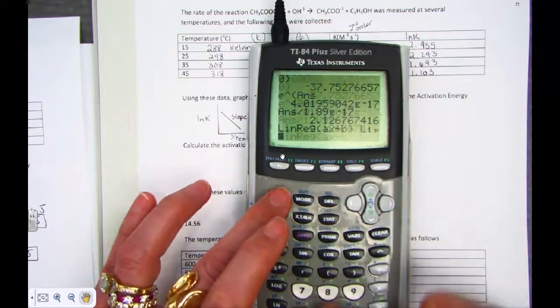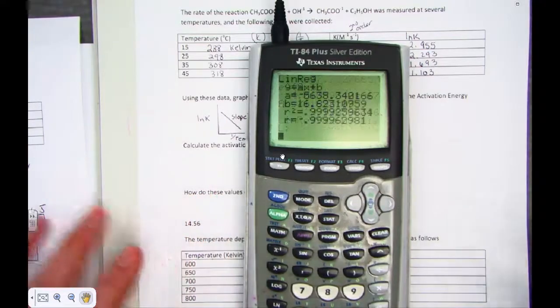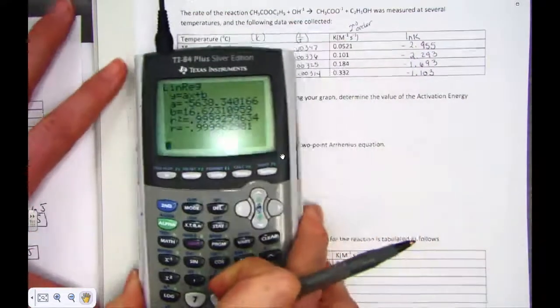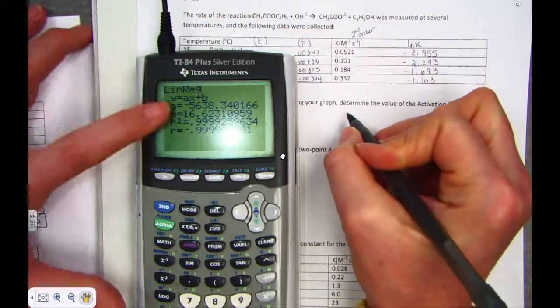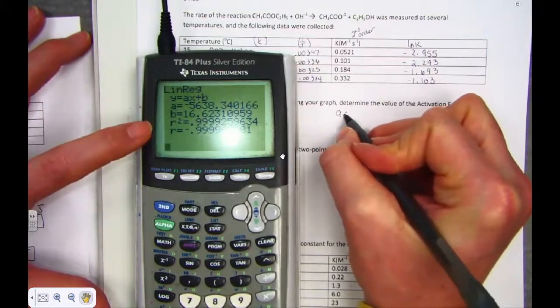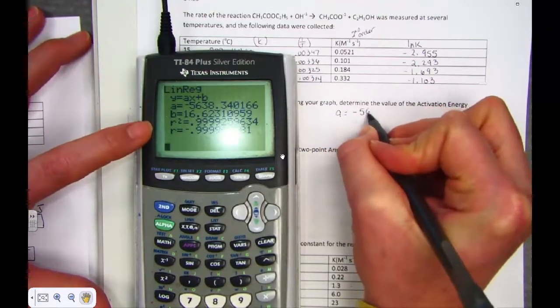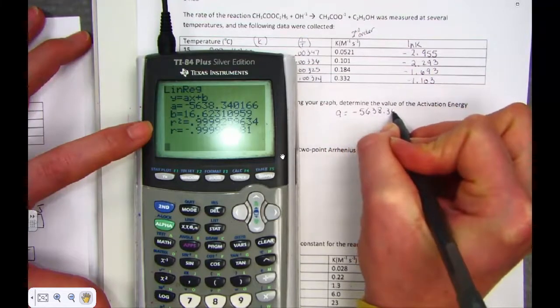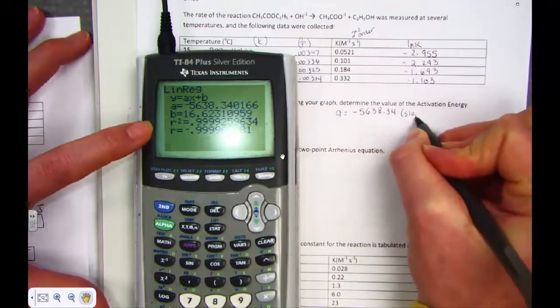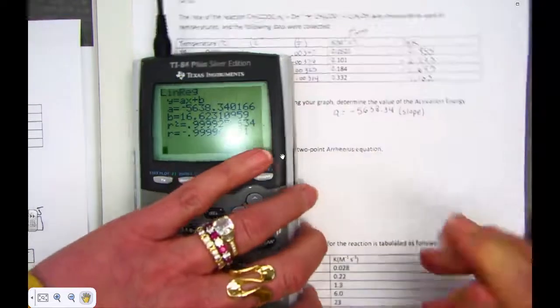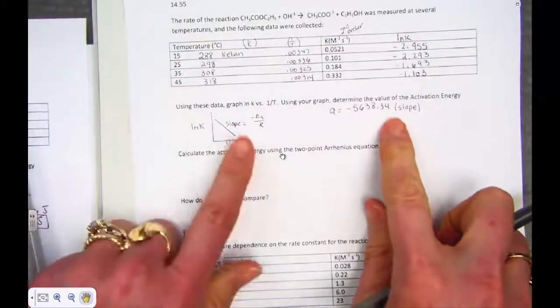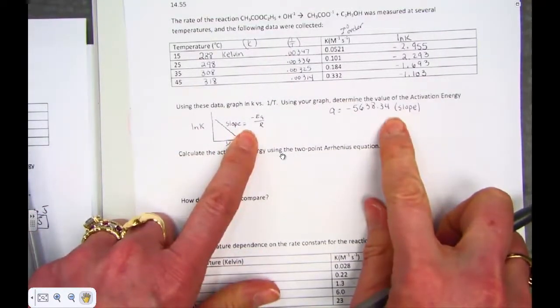I have my list in list 1, comma, list 2. And we get this diagnostic screen. For y equals ax plus b, a is equal to negative 5638.34. That's the slope of our line. That's the piece of information we need to calculate the activation energy.